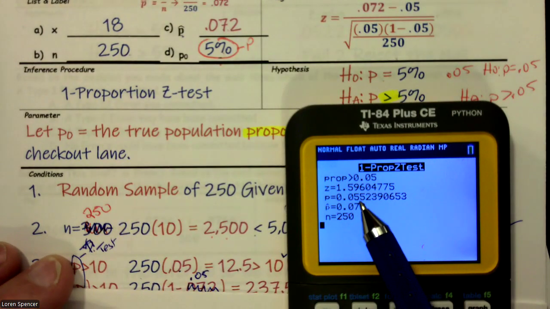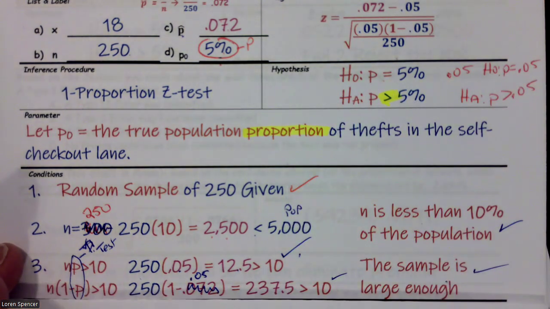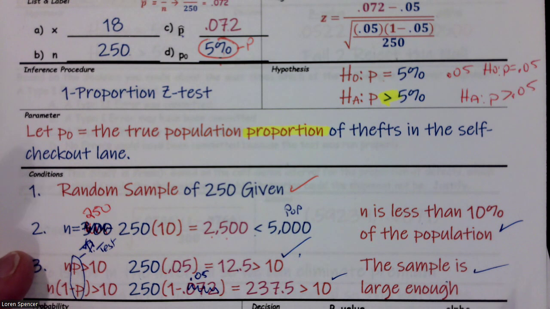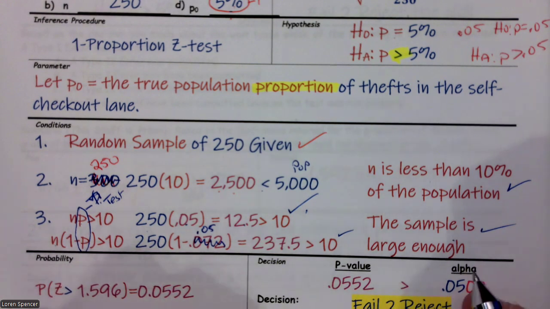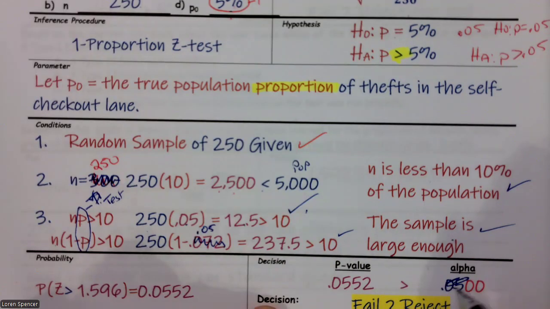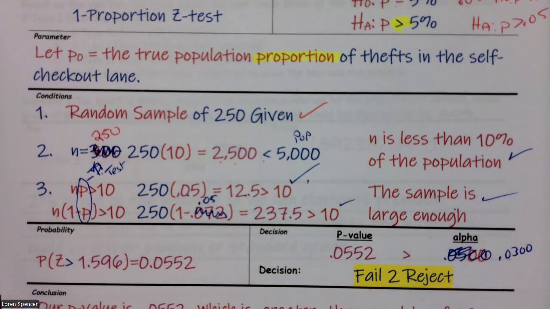We end up getting a z-score of 1.596 and a p-value of 0.055. So the probability that z is greater than 1.596 equals 0.0552. This should have said alpha of 0.03. All right, well, 0.0552 is definitely bigger than 0.03, so we're going to fail to reject.